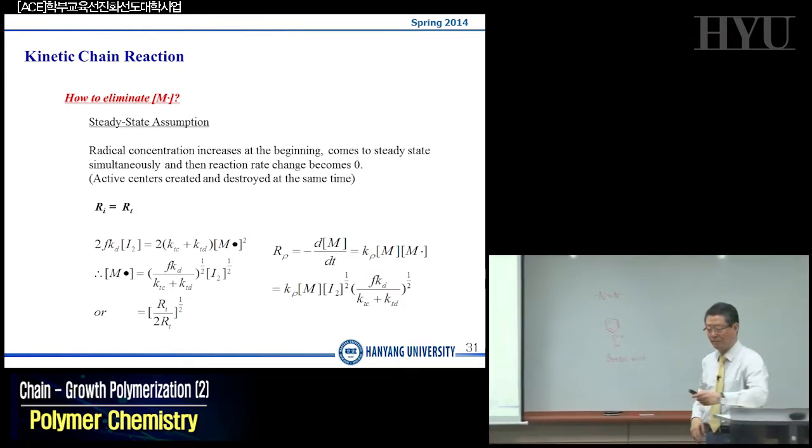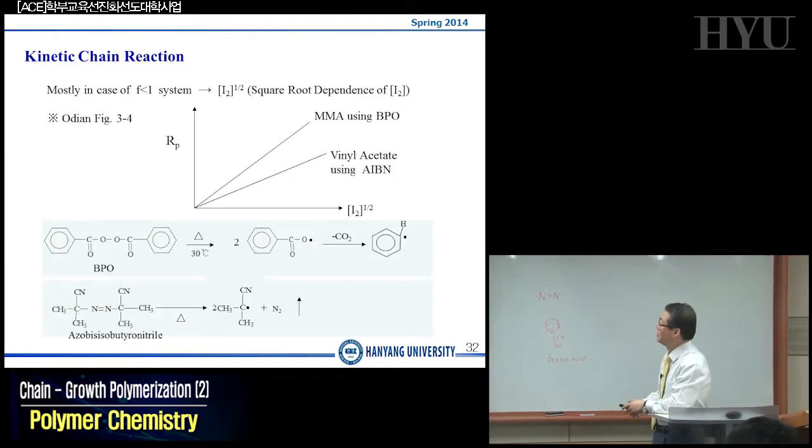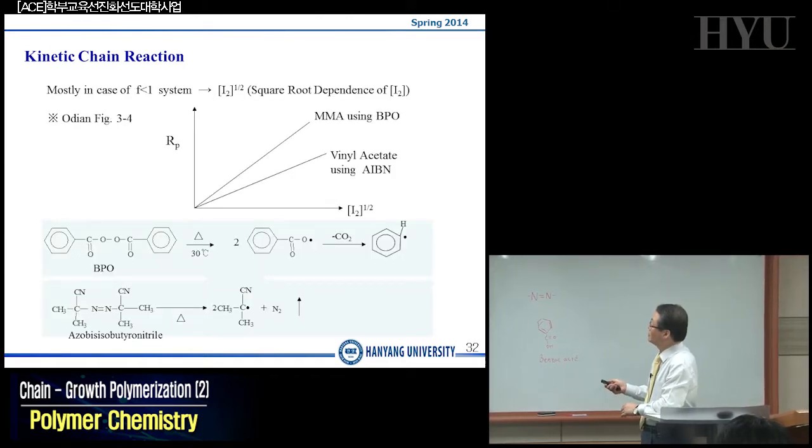So in the previous literature, if I have a methacrylate as a monomer using BPO, benzoyl peroxide, as an initiator, you have a linear relationship between Rp and I2 to the square root. Okay? So the slope will be something that I have described to you in the previous equations. Right?